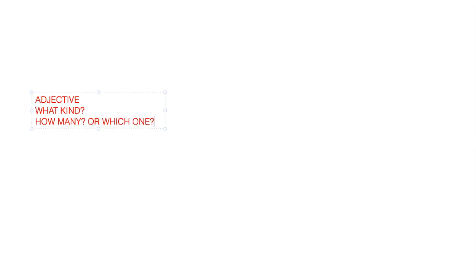If I say the fourth suit is my favorite, that's which one, the fourth. If I say the purple suit is my favorite, that is what kind, the purple. If I say, can I look over the 3 neckties for the suit, that's asking how many. You only have 3 articles in the English language, and that's an, a, and the.